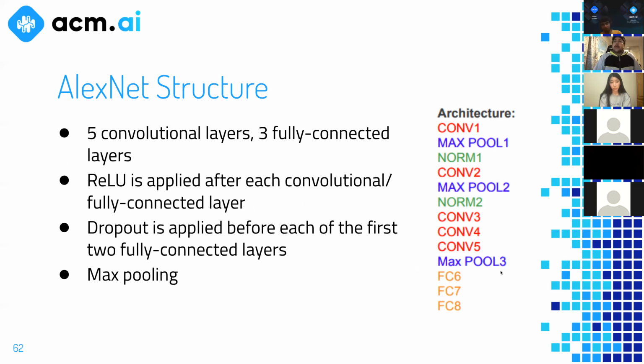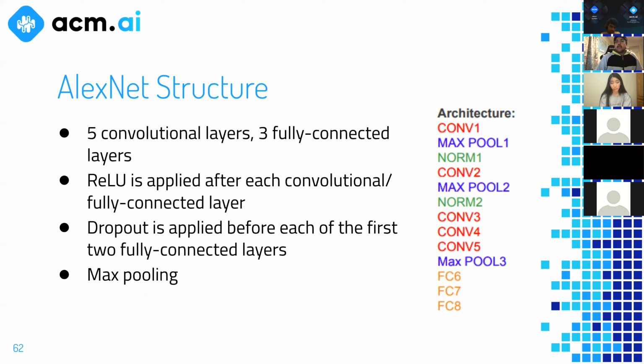So let's talk about how AlexNet was built, what layers it had, and the structure of the network in general. AlexNet had 5 convolutional layers and 3 fully connected layers.